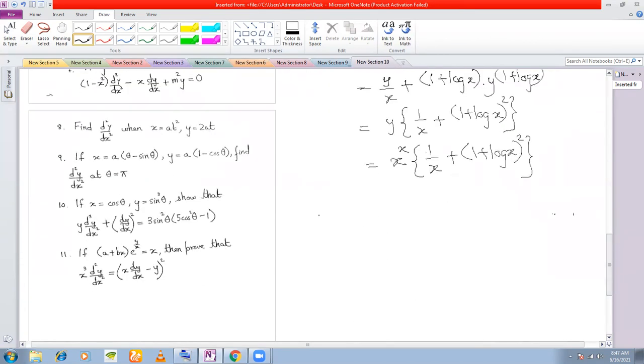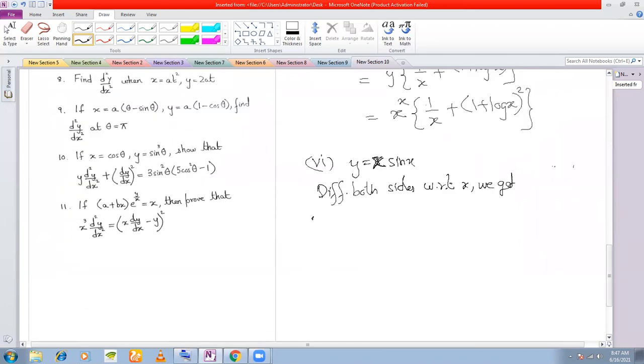Number 6, x sin x. Differentiating both sides with respect to x, we get y1 is equal to, differentiate this, x into d dx of sin x, right?